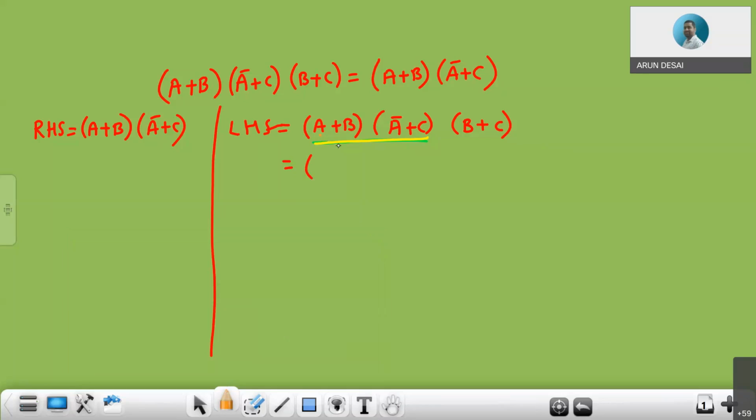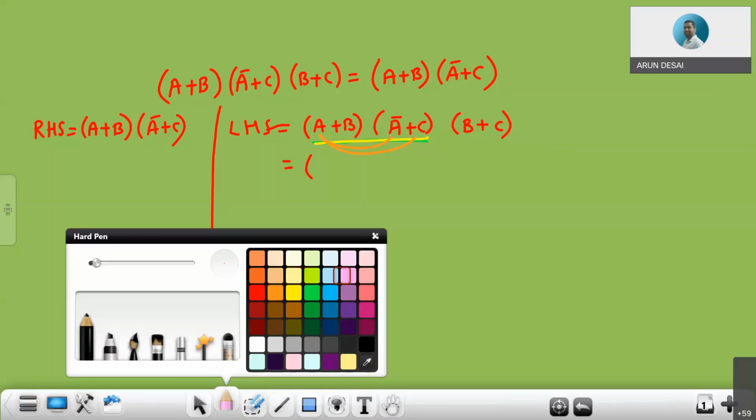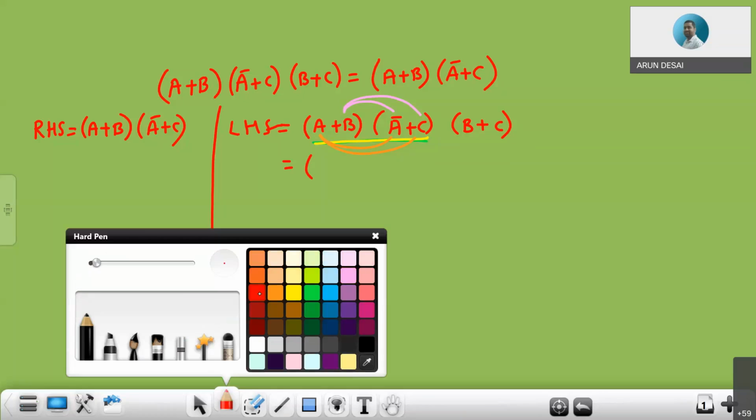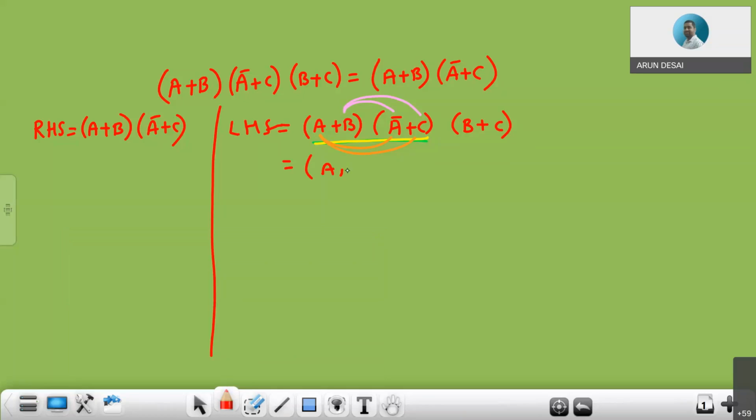What we need to do is A with A complement and C, and B with A complement and C, right? So A A complement plus A C plus A complement B plus B C, right?